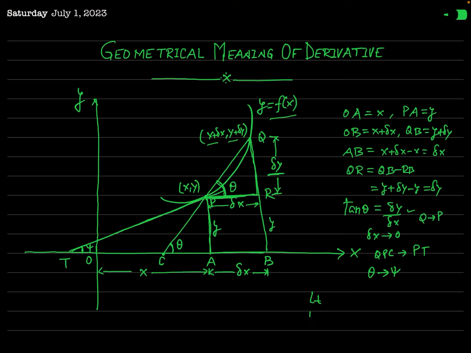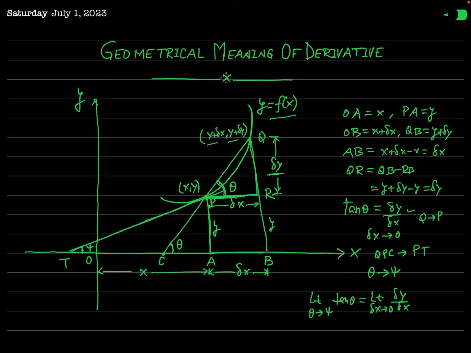You can write that limit theta tends to psi of tan theta will be equal to limit delta X tends to 0, because when theta tends to psi, then delta X tends to 0. These are the same limiting condition, and this will be delta Y by delta X.